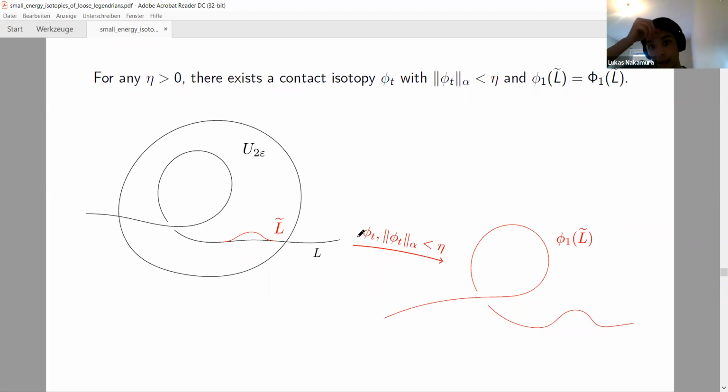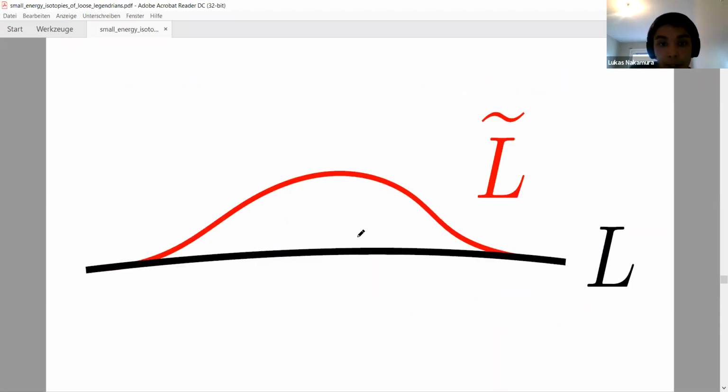Okay, so the next step in the proof, this is now the zoomed in picture of the place where we have perturbed L. The next step in the proof is to approximate L tilde by a Legendrian.